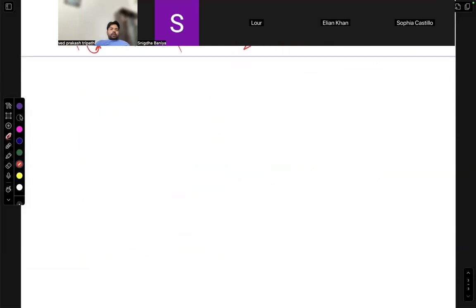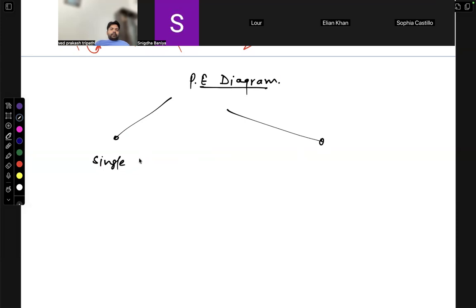Okay. So next is the potential energy diagram. In the potential energy diagram, generally we have two kinds of reaction: single step and multiple step.